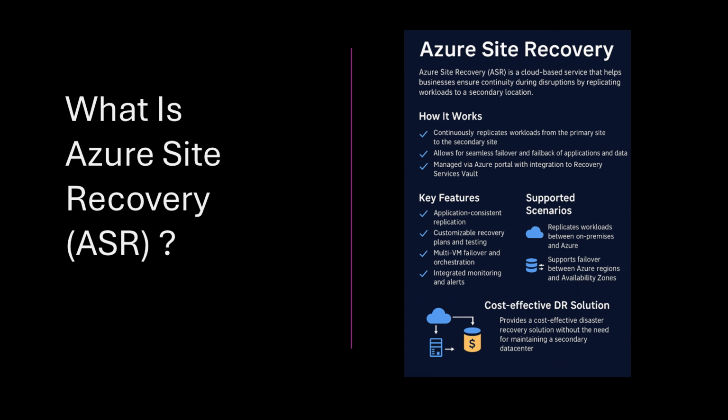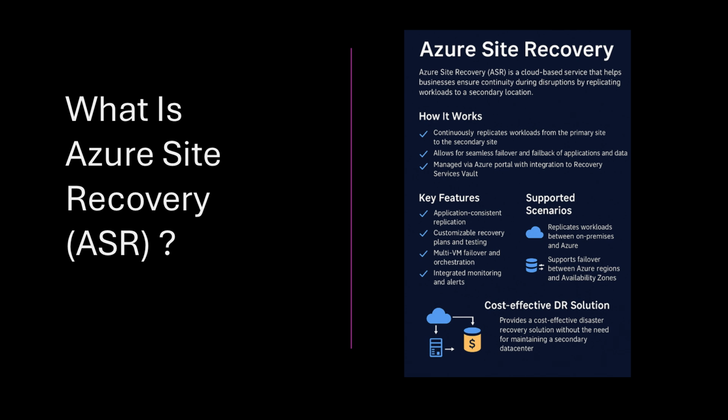When you're setting up Azure Site Recovery, your goal is to create a smooth, policy driven disaster recovery process that keeps your business running during outages. You begin by enabling replication for your workloads, whether they are on premises VMs, Azure VMs, or physical servers.